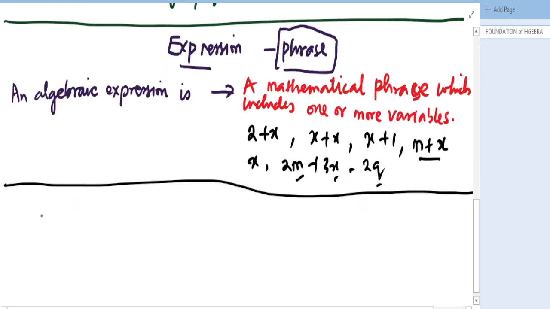We've just talked about algebraic expressions. Once you hear algebraic, just remember that there are variables present in it. Now the numerical expression is like the opposite of an algebraic expression.